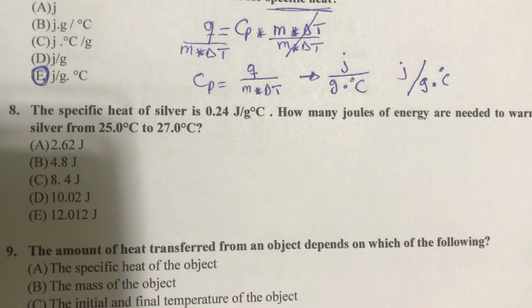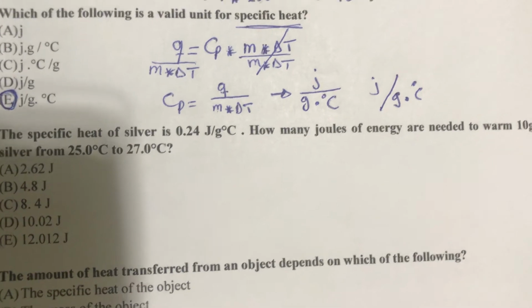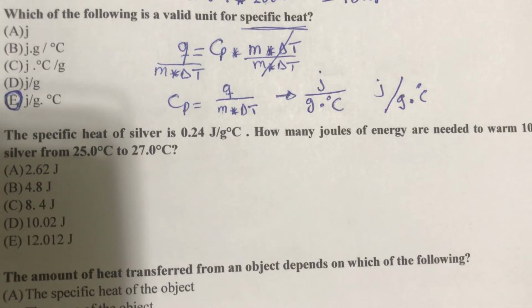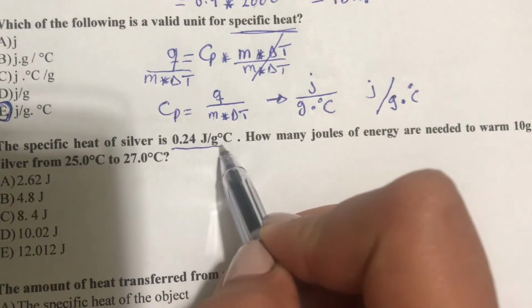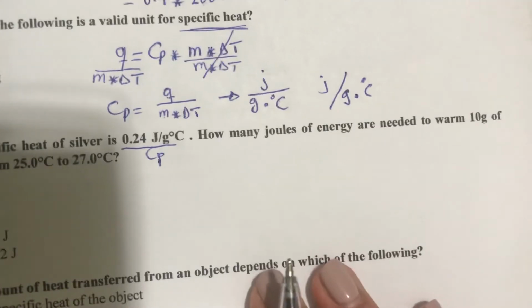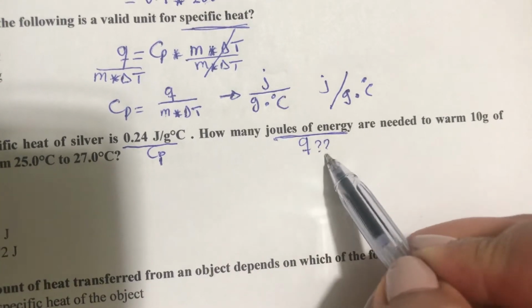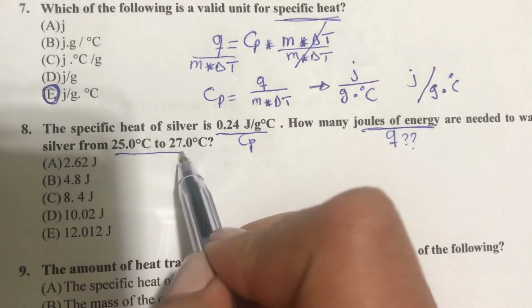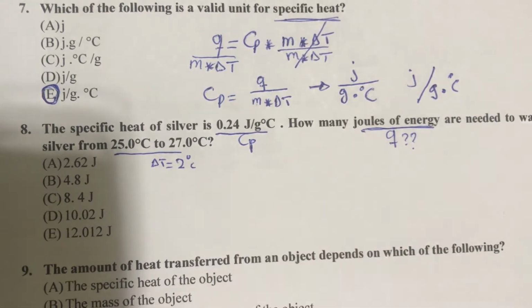8. The specific heat of silver is 0.24. How many joules of energy are needed to warm 10 grams of silver from 25 Celsius to 27 Celsius? So here you have the specific heat. How many joules of energy, you need to calculate Q. Here the mass is 10 grams, and delta T is from 25 to 27 Celsius.